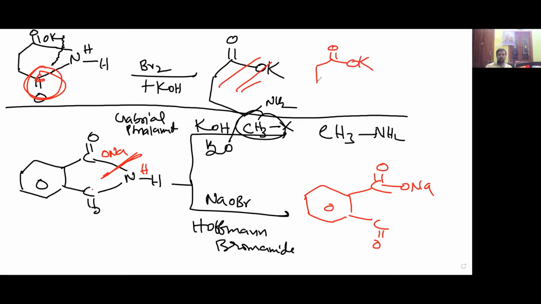Here, what is the thing that is missing? One C double bond O is missed. Then you are going to get it like this. So NH2 is connecting like this. Okay. Is it clear? I hope it is clear. Let me take some more examples and applications related to this.